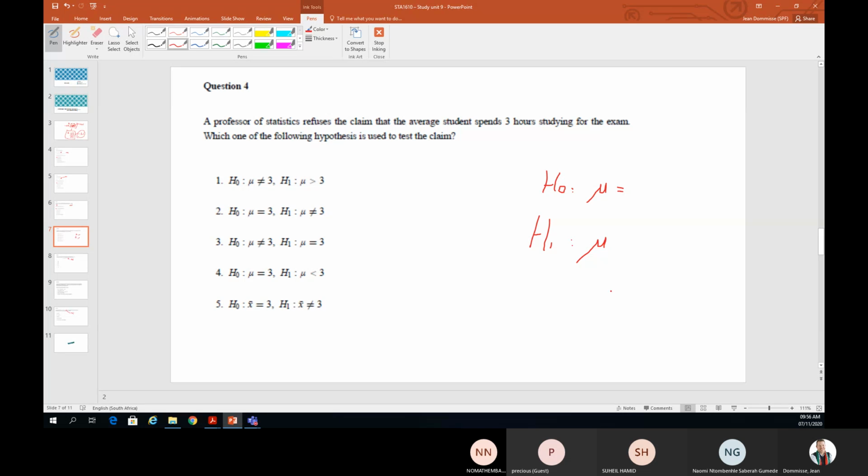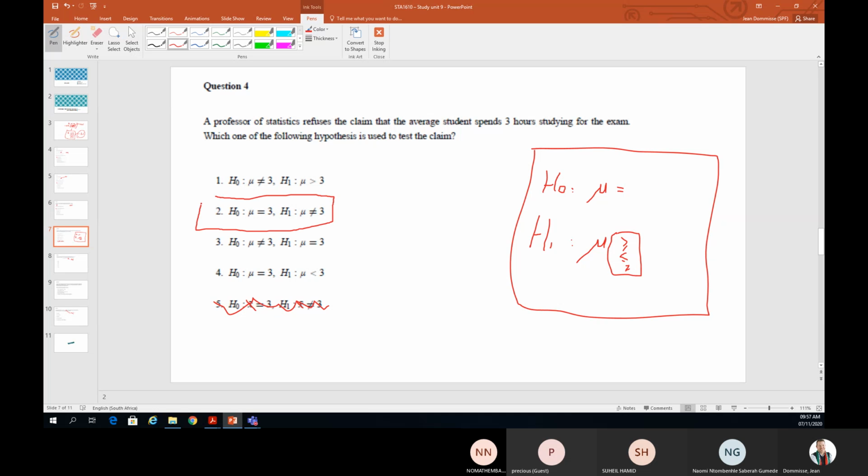That one is always the equal, and this one will be dependent on that not equal to. So with that in mind, x, that will never be. So it's always the mean that is written like that. So the null hypothesis is always the equal. Okay, so that one and that one is no go.